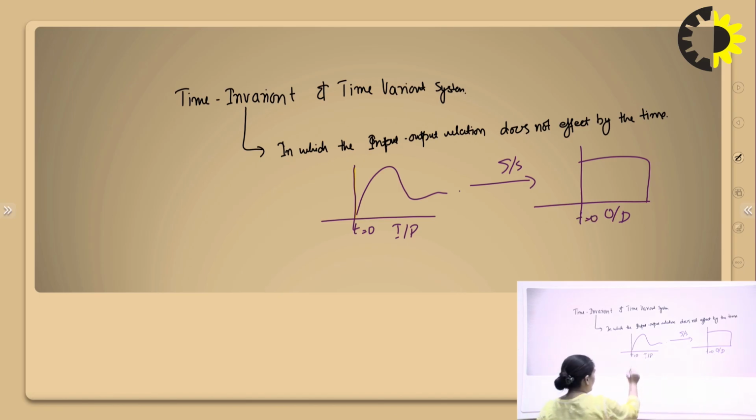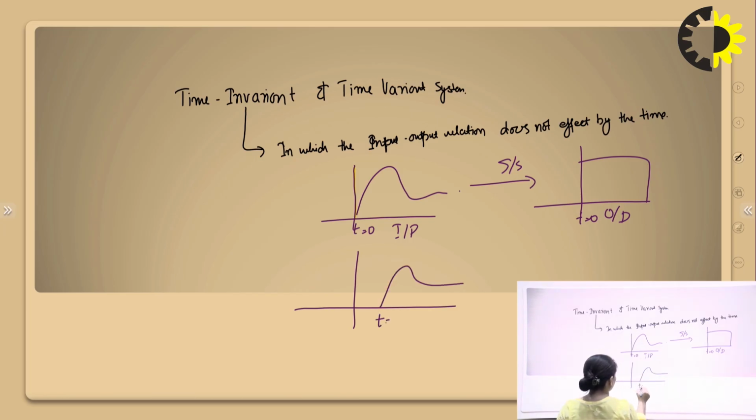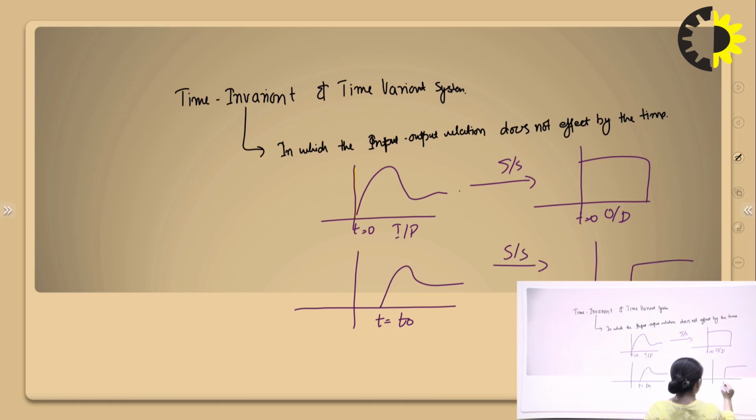And if I start the system with a delayed input, like t equals t naught, then after giving it to the system, the output should also start from t equals t naught. That means the relation will not be affected by time. Whenever I give an input, the output will only be available at that time. So it is something like that.